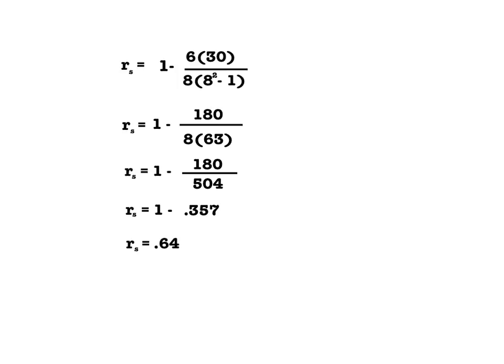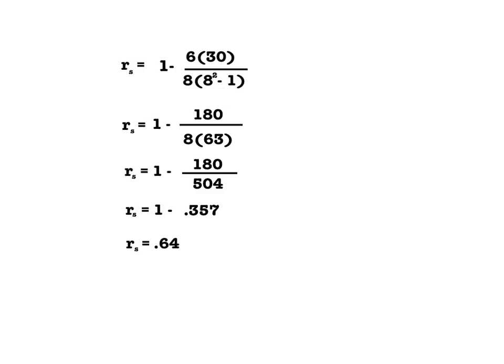This slide just walks us through the calculations for the example of the Spearman coefficient. We have the 1, which is part of the formula, 6, which is part of the formula, times the sum of the squared difference scores, which we saw in the preceding slide, was 30. Down in the denominator, we have n times n squared minus 1. So we work inside the parentheses first.